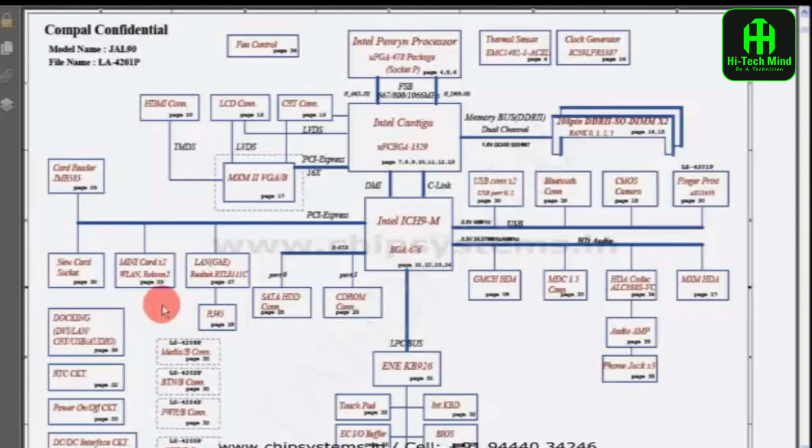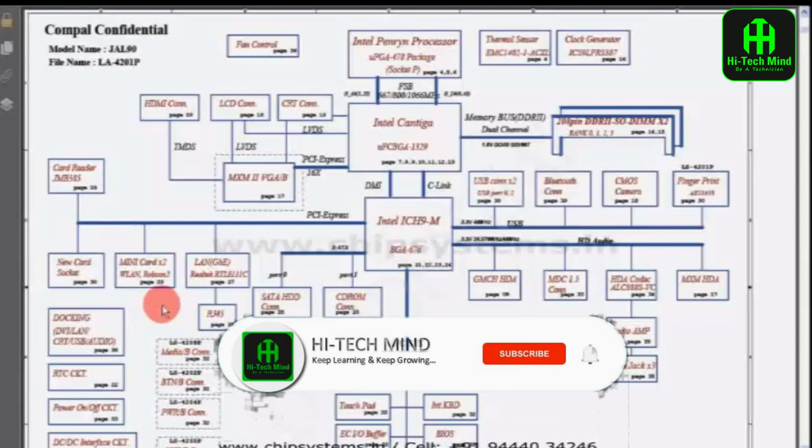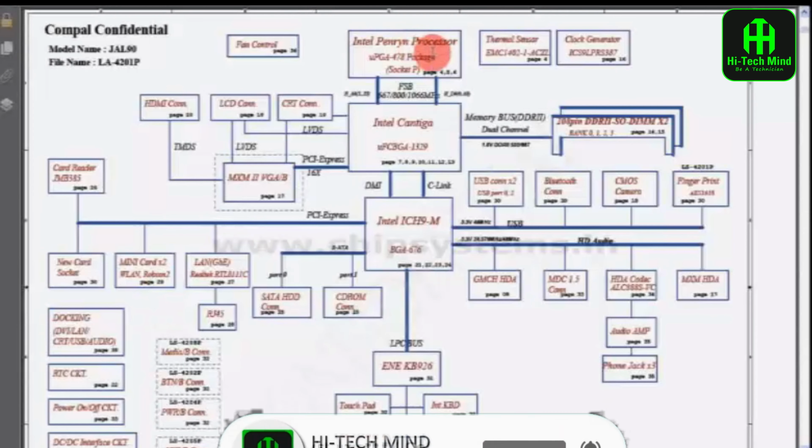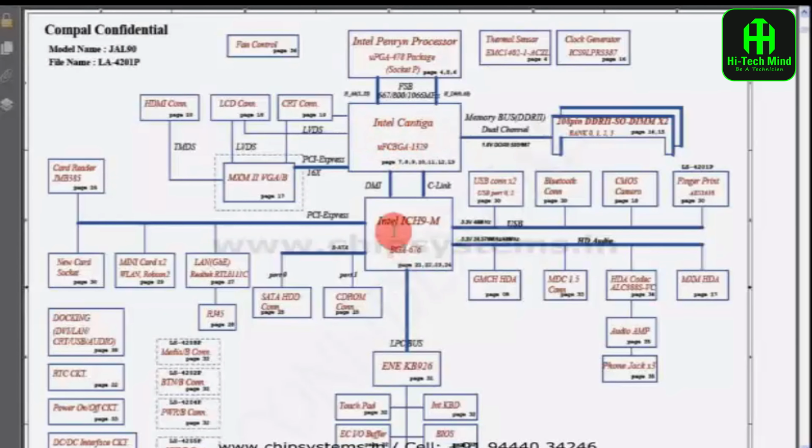Next we are seeing the architectural structure of the laptop motherboard Acer Aspire 4300: Intel processor, Northbridge chipset, Southbridge chipset, and ENE, which is represented as the IO chip. The Northbridge chipset is connected to CRT, LCD monitor, HDMI and also DDR RAM. The Southbridge is connected to all the peripherals.